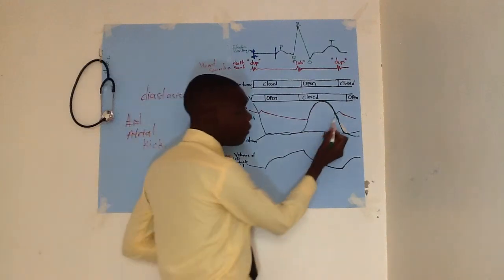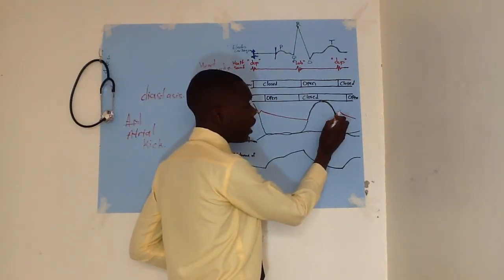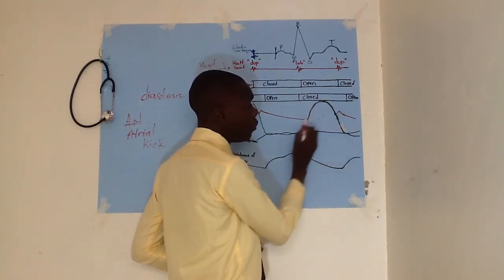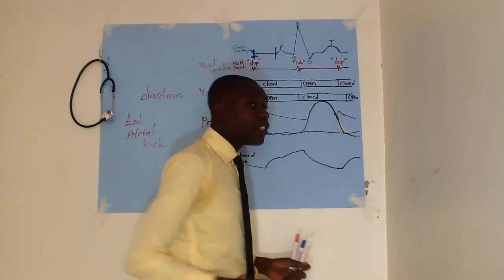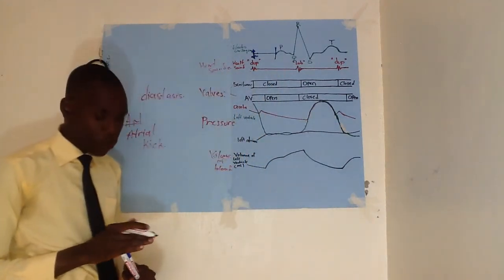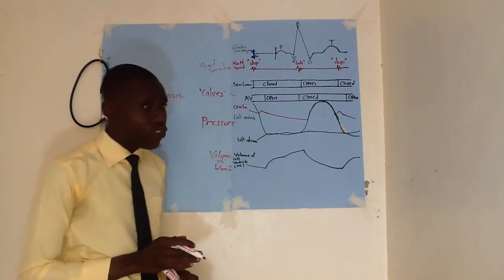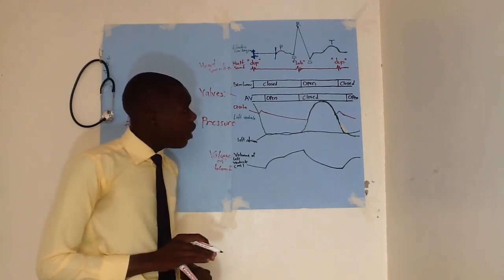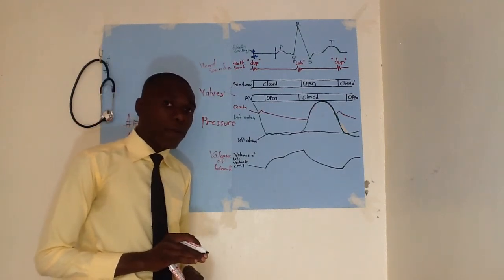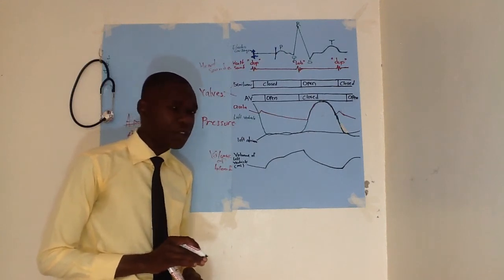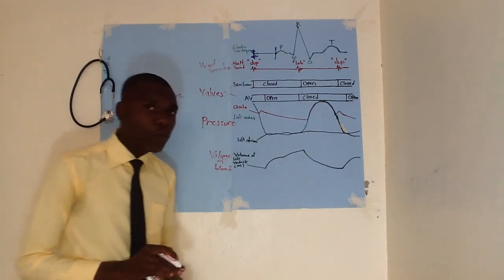So when the pressure in the ventricles becomes lower than the pressure in the arteries, indicated with red, blood is going to try to move back to the ventricles. The backflow of blood from the arteries to the ventricles is going to be inhibited.